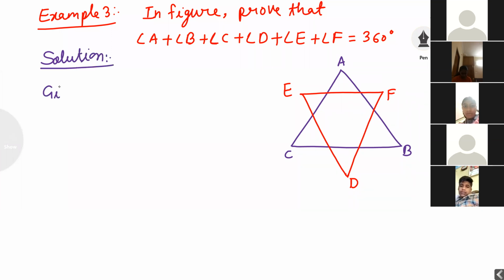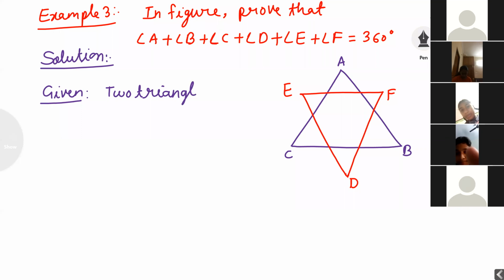Given: two triangles, triangle ABC and triangle DEF.